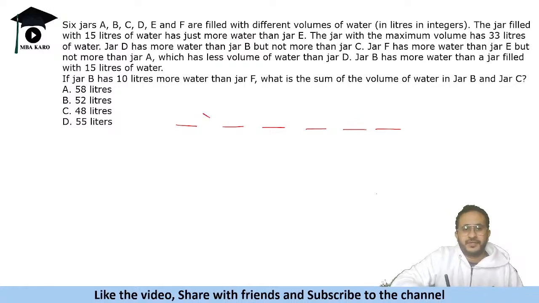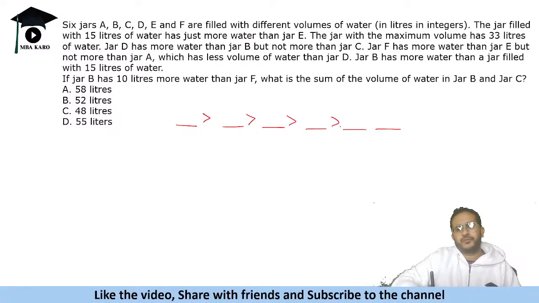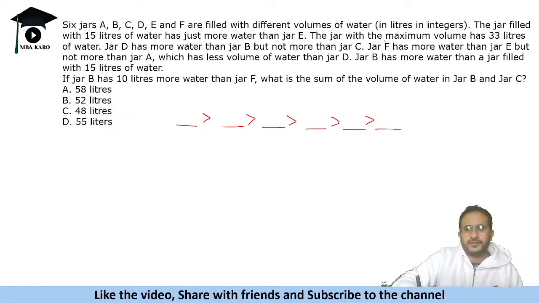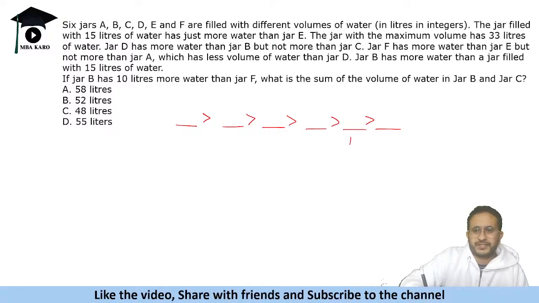Let us arrange them in descending order and use the information given: the jar filled with 15 liters of water has just more water than jar E. So that means this is 15 and this will be jar E. The jar with the maximum volume has 33 liters of water. Jar D has more water than B, but not more than jar C. F has more water than E, but not more than E.